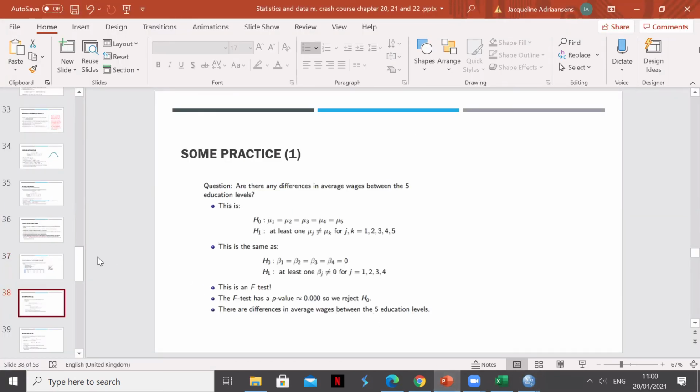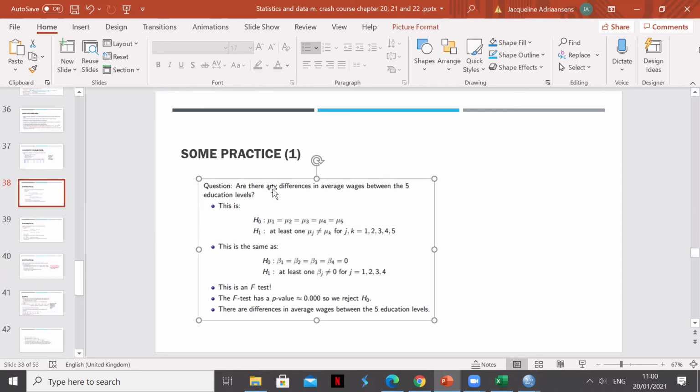Let's look at a question. Are there any differences in average wages between the 5 education levels? Okay, so what do we have to test? Do we have to test one level? No, we have to test the 5 of them because we have to see if there are any differences. So it can't be a t-test.